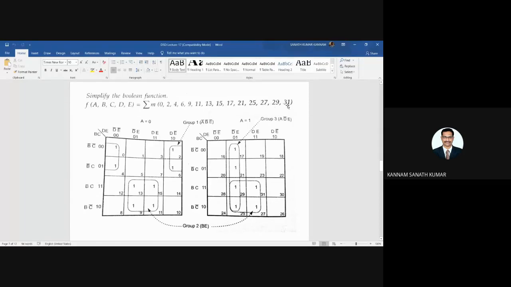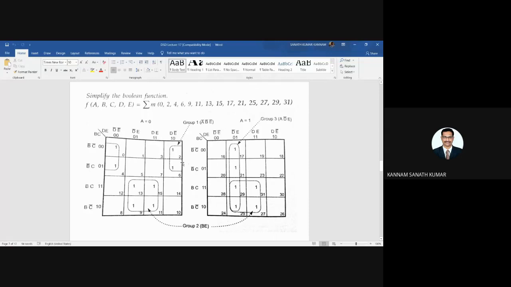Here is how you should draw it. This part goes from 0 to 15 for A equal to 0, and this part is for A equal to 1, starting from 16: 16, 17, 18, 19, 20, 21, 22, 23, 24, 25, 26, 27, 28, 29, 30, 31. These values from 0 to 31 give you the 32 cell five variable k-map.